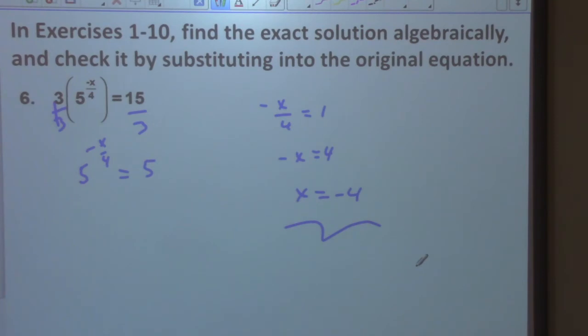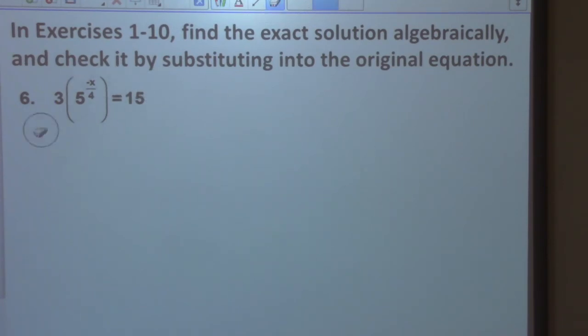Let's turn to 7. I'm kind of skipping on the checking to get through more stuff this time. So recently we've done problems like this, haven't we? Yes.